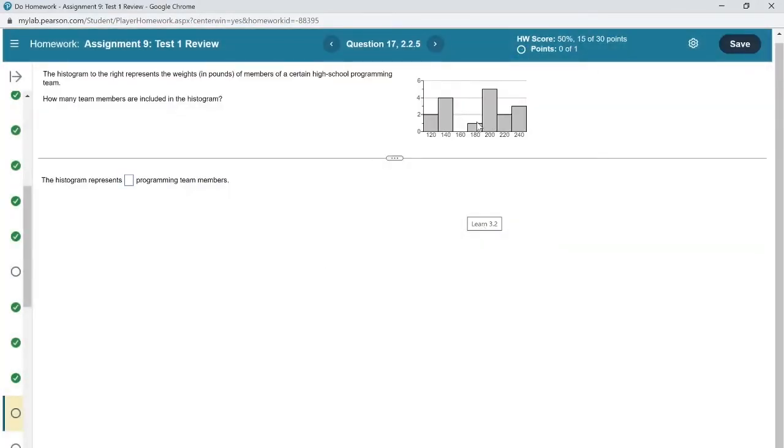This is the histogram we have been given, and the histogram always represents the frequency. The vertical numbers represent frequency. If you add all these frequencies, that gives you the total number. So in this problem, the histogram to the right represents the weight in pounds of members of a certain high school programming team.